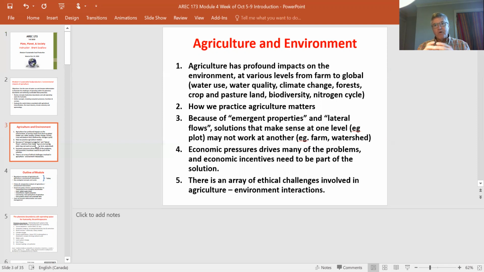These have both ecological meaning and clear meaning in economic terms. We think of lateral flows often as externalities, say of water or air or soil. If these are lateral flows of food, then we think about the market system that prices things and moves things from producers to consumers.